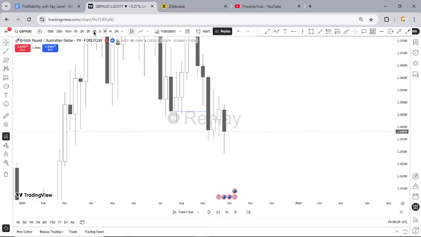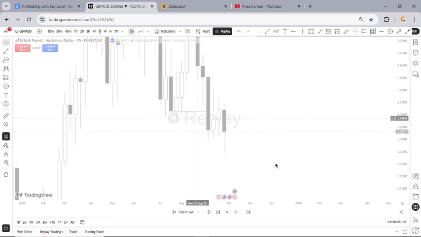Okay, let me go to daily. Okay, this is what I'm looking for. This is the recent breakout on weekly, right?